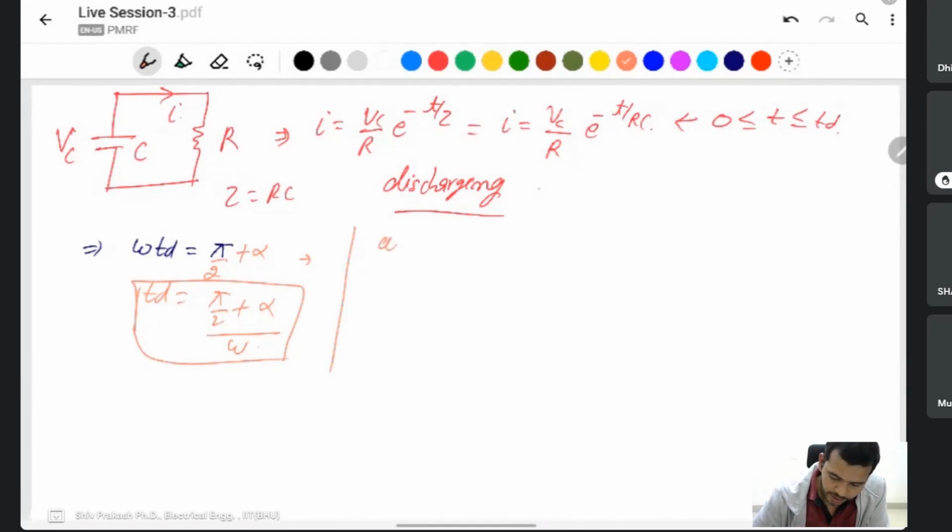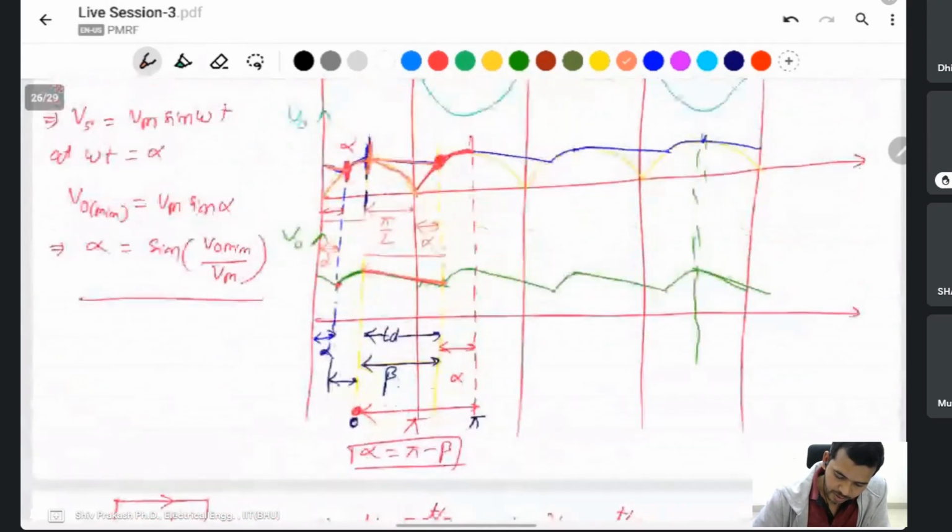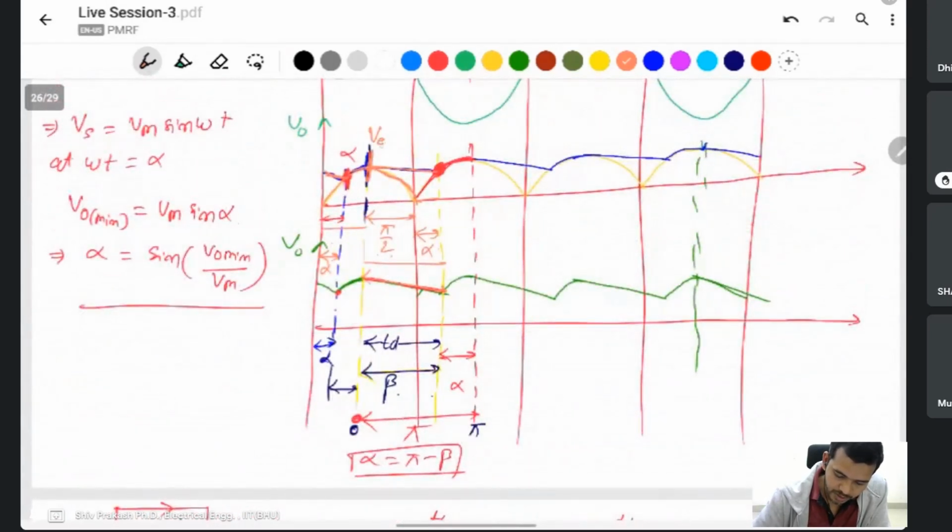And at omega Td, you know V naught is equal to I into R, you can also say like that. This one, Vc is equal to Vm, the initial value. If you take an initial value Vc, then Vm is the maximum value of the sinusoidal. You can say Vc is equal to Vm, because this maximum value is the initial value of the capacitor during the discharging time.